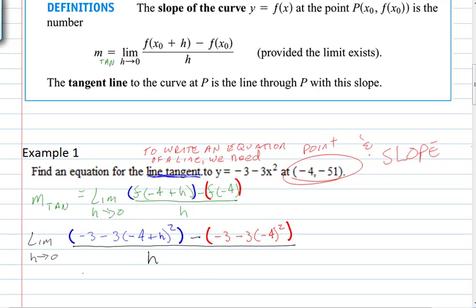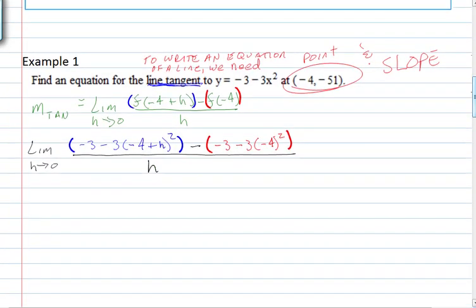So this then is going to be, as we start cleaning this up, the limit as h approaches 0 of negative 3 minus 3 times, when we FOIL this out, 16 minus 8h plus h squared, minus, okay, negative 4 squared is 16 times 3 is 48. That's negative 51.